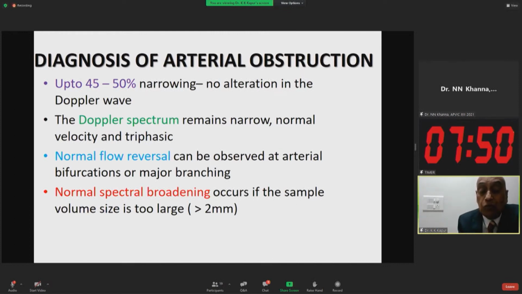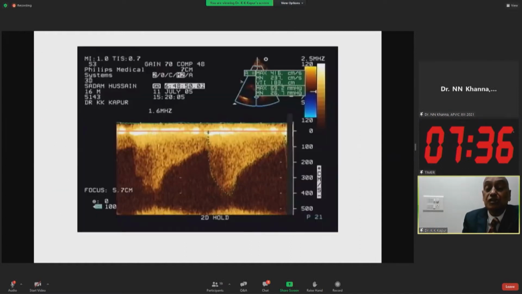The normal flow reversal can be observed at arterial bifurcations or major branching, and spectral broadening can occur as an artifact if the sample volume size is too large, that is more than 2 millimeters. Now, this is an example of a high velocity and turbulent flow across the narrowing, and you can see that there is a complete loss of the clear space of the Doppler spectrum.